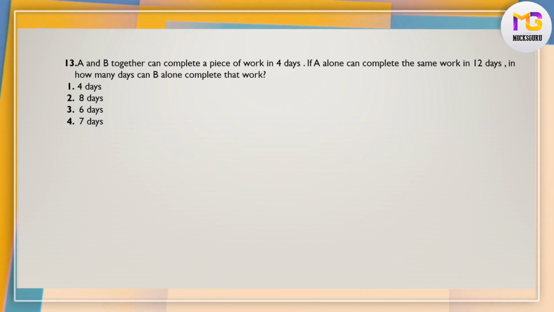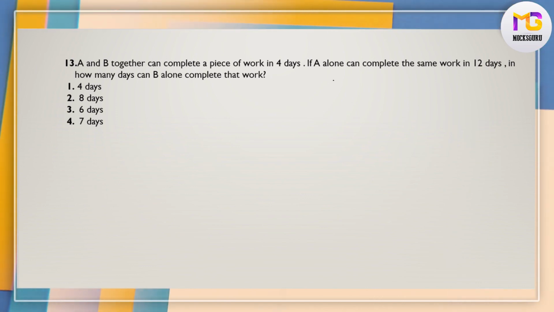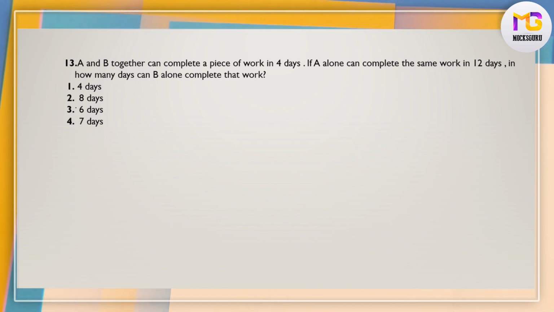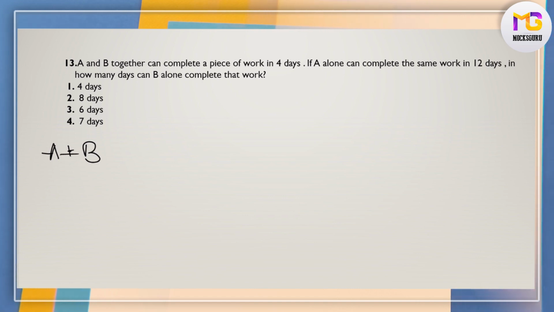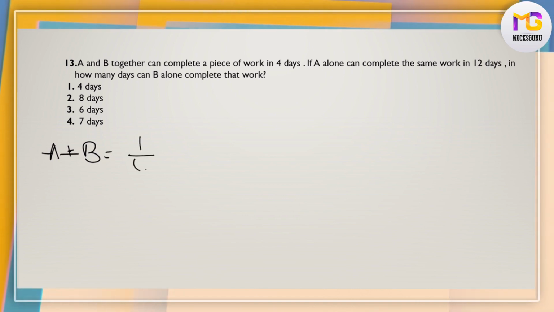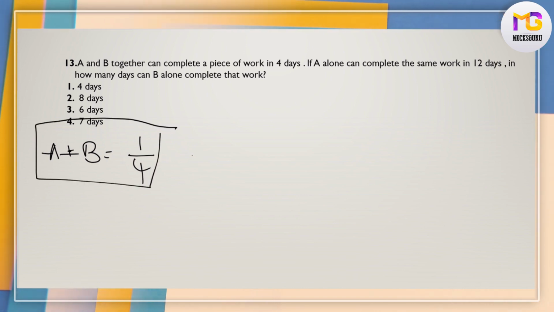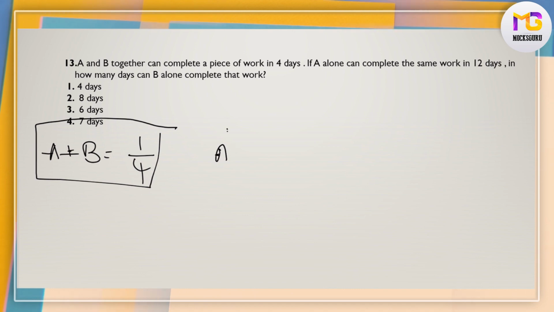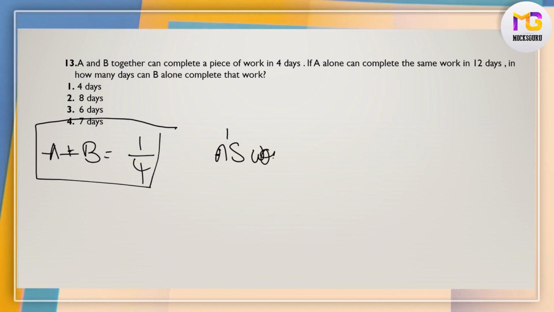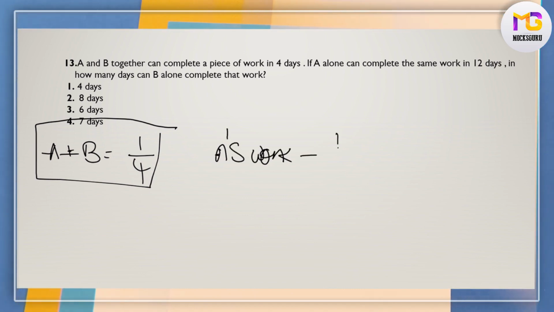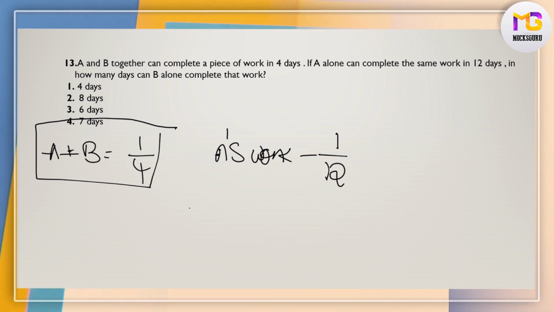A and B together can complete a piece of work in 4 days. If A alone can complete the same work in 12 days, in how many days can B alone complete that work? So A and B can complete the work in 4 days, so 1 day efficiency of A and B is 1 by 4. A's 1 day work would be 1 by 12.